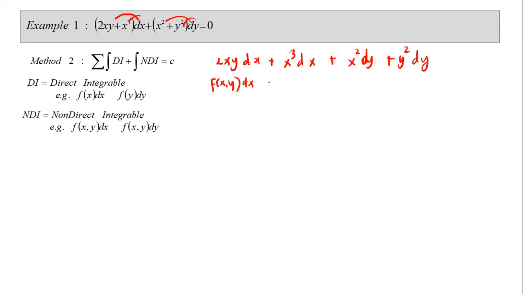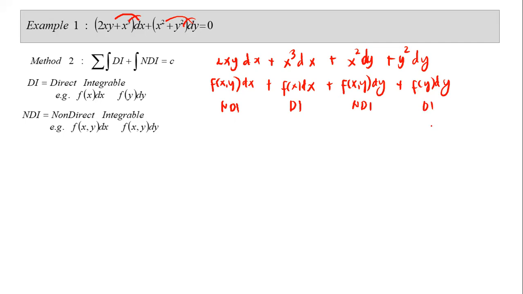Since this is x cubed alone, this is your f of x dx. Since this is x squared and it goes along with dy, we can write it as f of xy dy. And since this is y squared alone, this is your f of y dy. So we can now say that this is non-direct integrable because it contains f of xy, and this is direct integrable, this is non-direct integrable, and this is direct integrable.